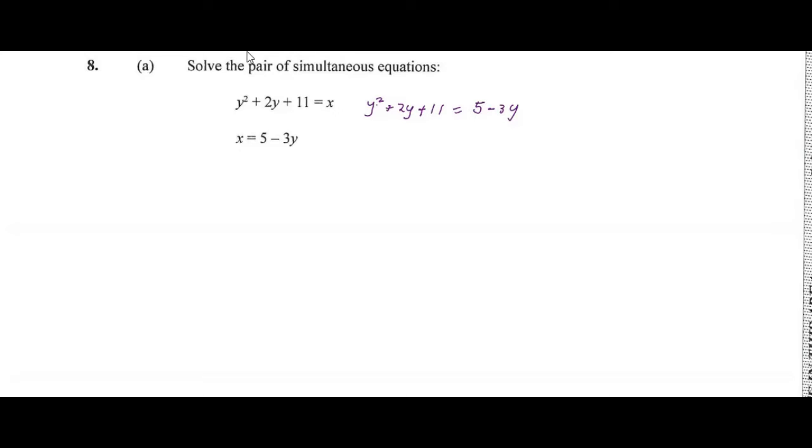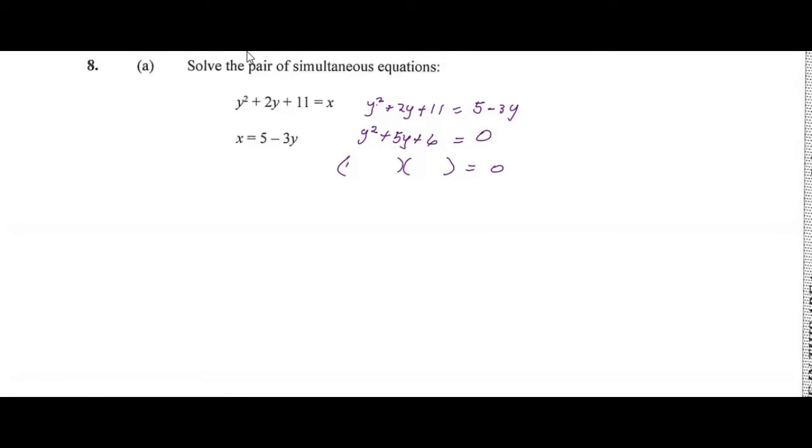Taking everything over to the left, we get y squared plus 5y plus 6 is equal to 0, because the 3y comes over as positive. Now to factorize this, we write our two brackets.